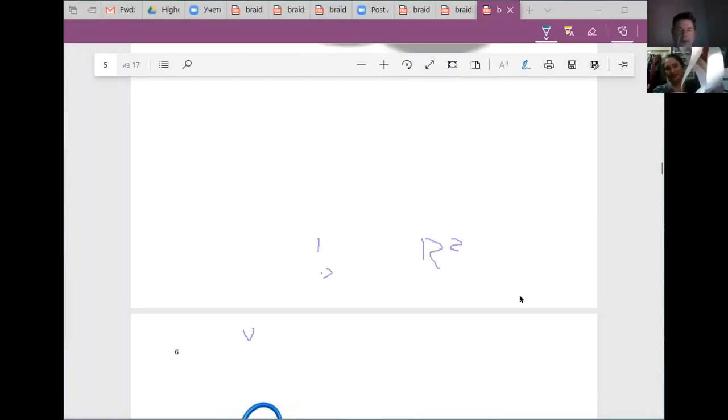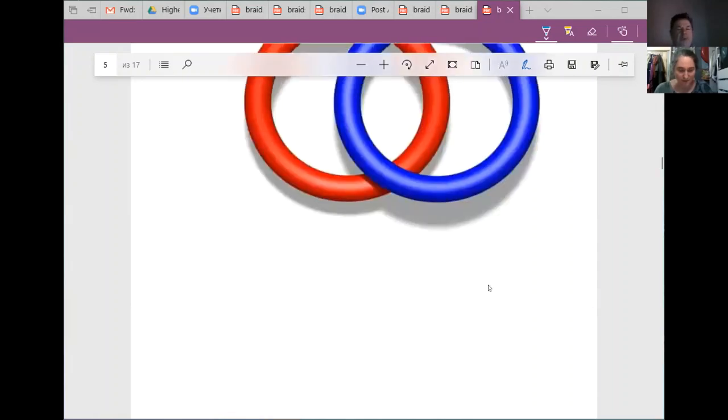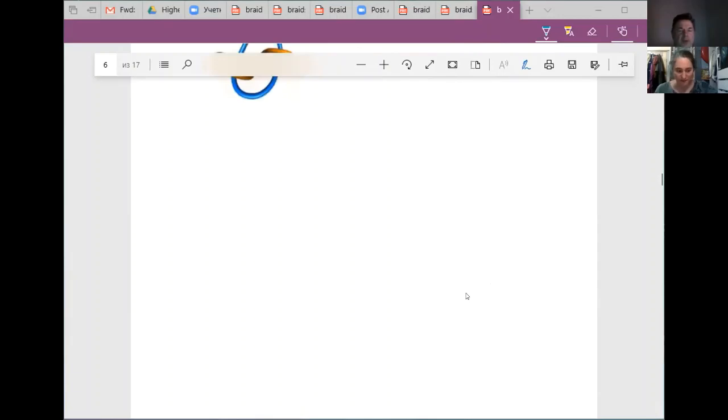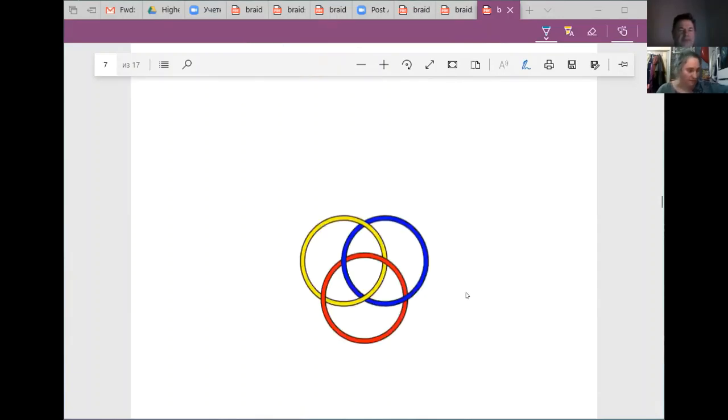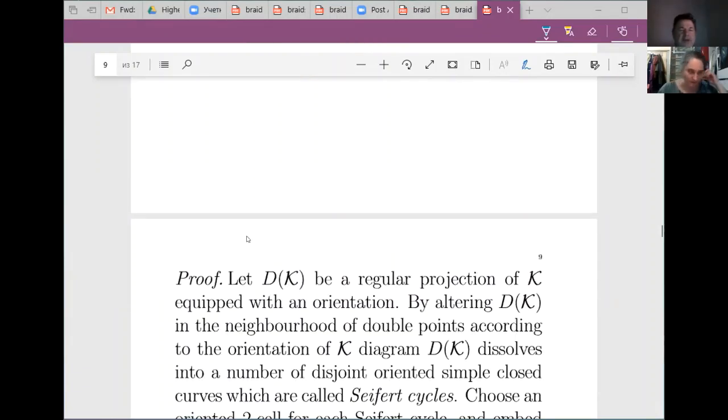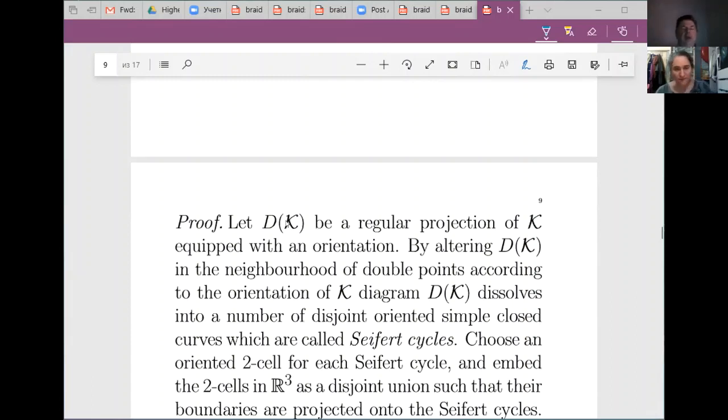Yes. Okay. Better to understand this, Natalia, you should do the following thing. I think better to return to what Raphael was saying at the very beginning, and let us consider D of K just a regular projection of a knot.